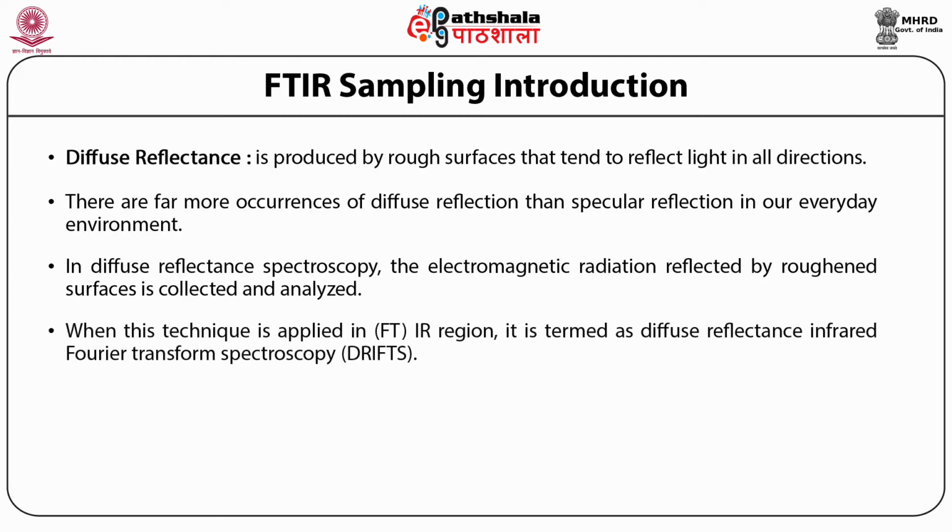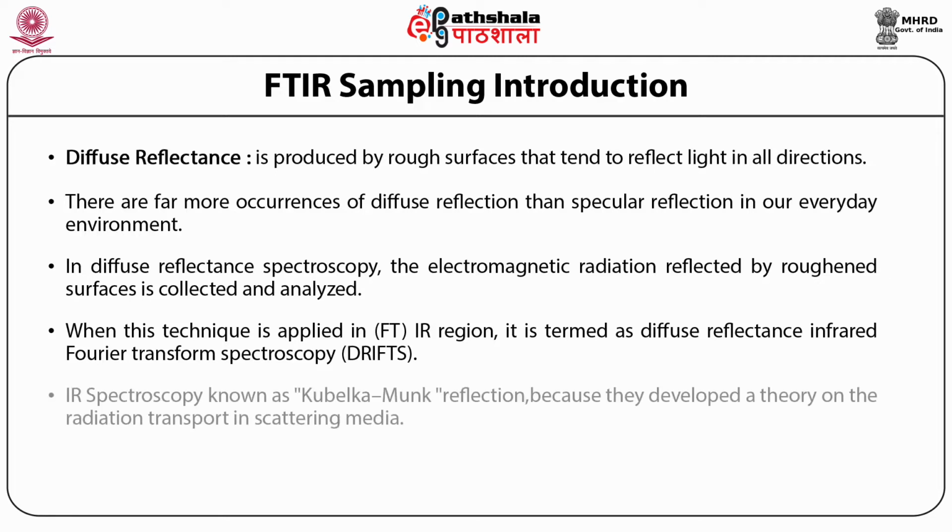When this technique is applied in FTIR regions, it is termed diffuse reflectance infrared Fourier transform spectroscopy or DRIFTS. IR spectroscopy, which is known as the Kubelka-Munk reflection, for which they developed a theory on the radiation transport in scattering media.